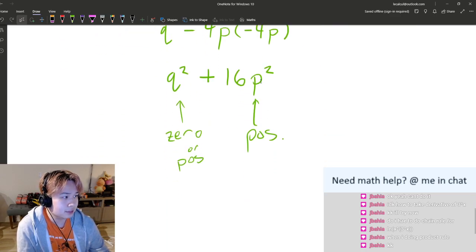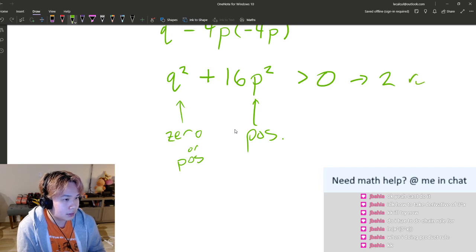So regardless of whether p is positive or negative, when you square it, it's going to be positive. Q can be 0 for all we care, it doesn't matter. But let's look at this total result. You have something that could be 0 or positive, and then you're adding another positive number to it. So regardless, this will have to be positive no matter what. So we know that there have to be two real distinct roots.